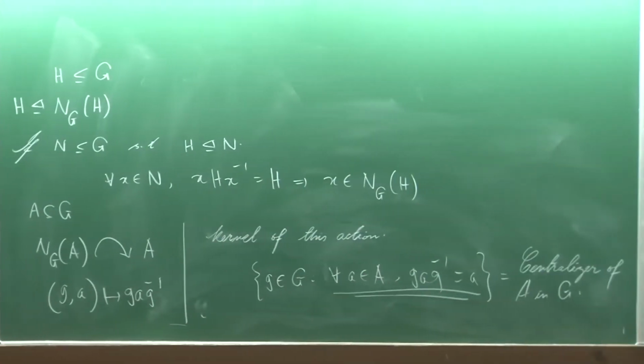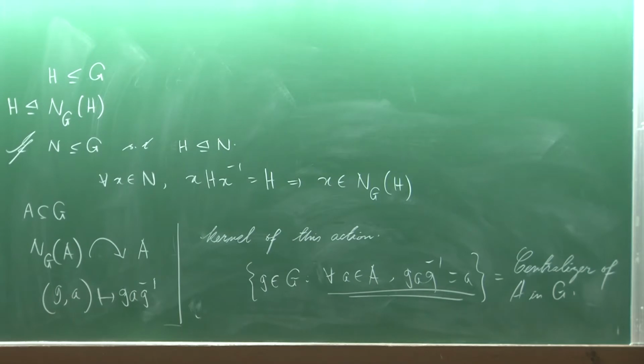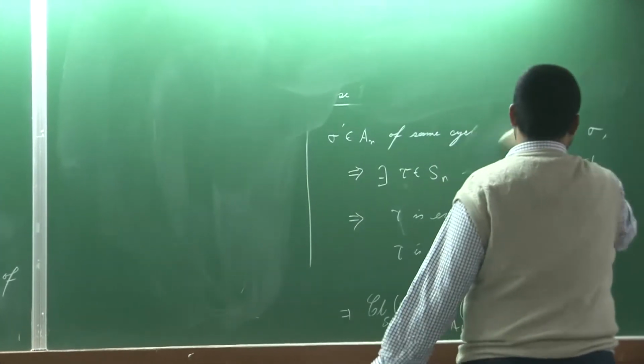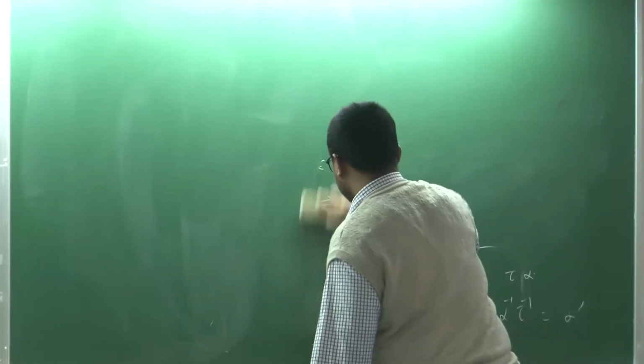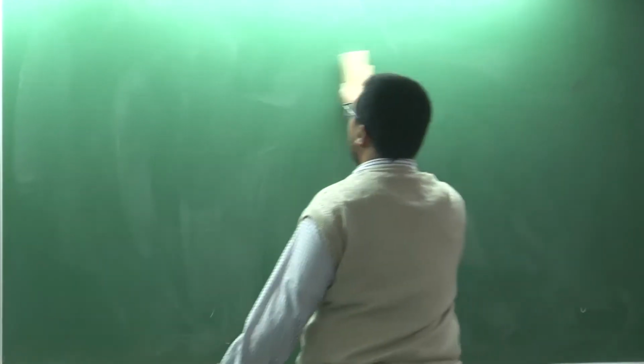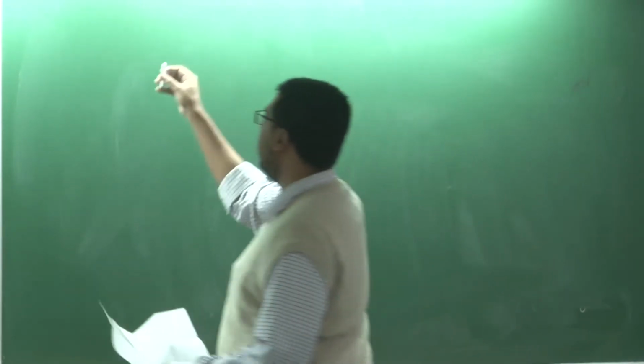Okay. So, enough of actions by conjugation. Now let us find the orbits of some other actions. We now consider the action of GL2(C) and its subgroups on the Riemann sphere.